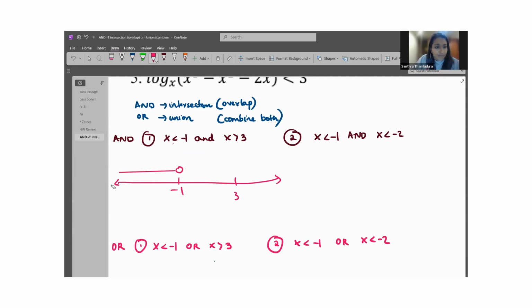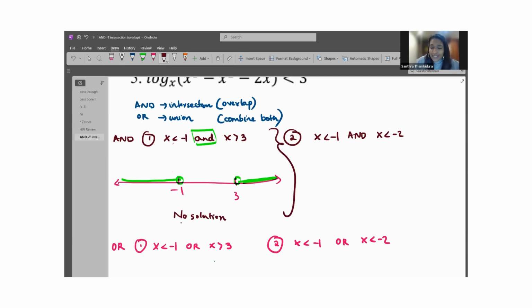That is your solution with the open circle here. And x is greater than 3 means this is your solution, right? Now, because they're connected by an and, you're looking for an overlap between the two solutions. No, there's no overlap. So your answer here is no solution.